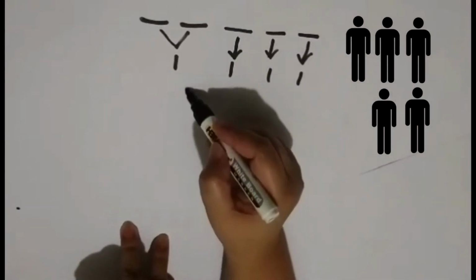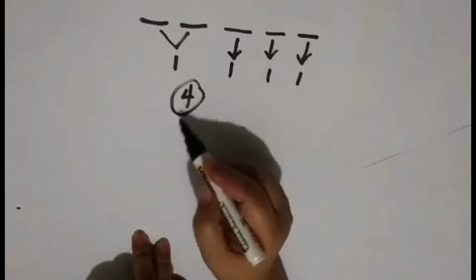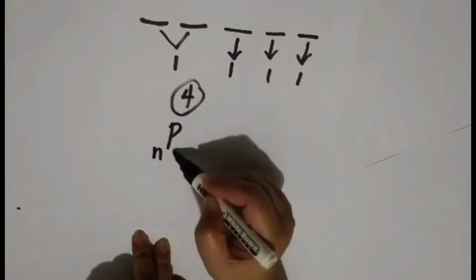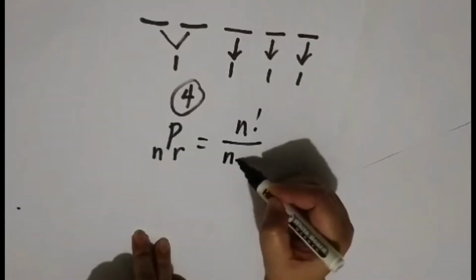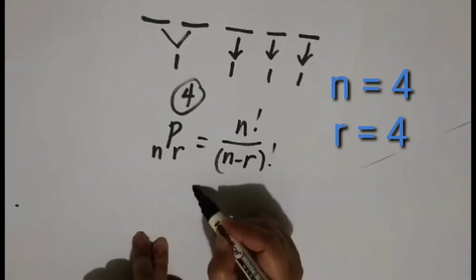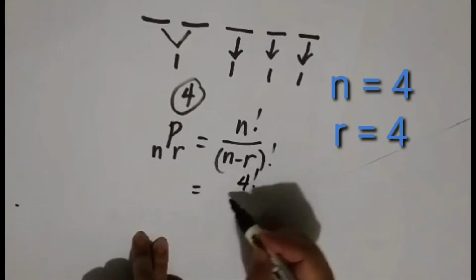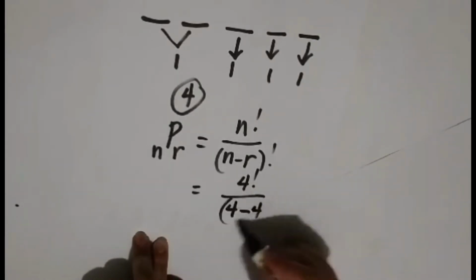So we are left with 4 to arrange. So by applying the formula, permutation of n taken r, which is equal to n factorial over n minus r factorial, by substituting, we have 4 factorial over 4 minus 4 factorial.